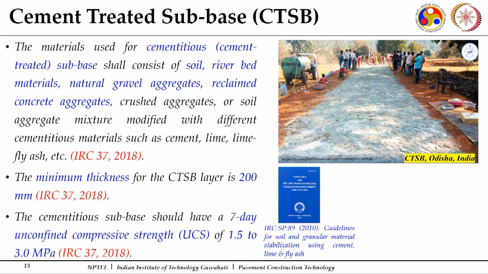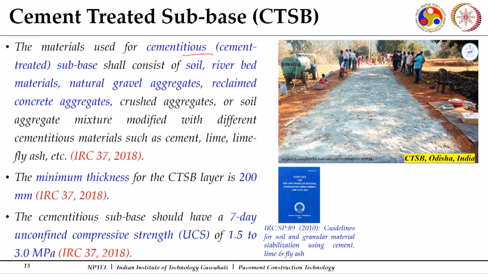Now, these are unbound courses. This is a waterbound course and the granular subbase course. If I use some binding material, which may be fly ash, cement, or any other pozzolanic material, or lime, then it normally comes under the category of cement treated subbase courses. This is another part, which says that the materials used for cementitious treated subbase shall consist of soil, riverbed materials, natural gravel, aggregates, reclaimed material.